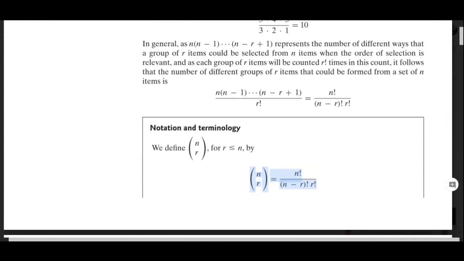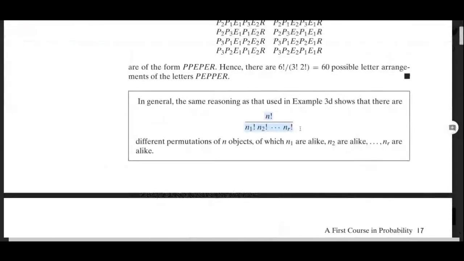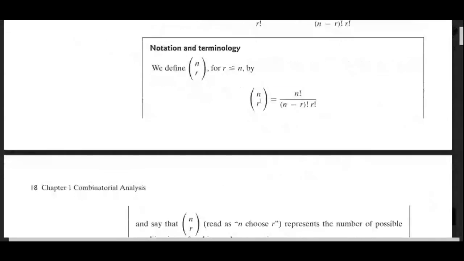But we could think of permutation as a formula too. We have n total members, and some members are repeated, maybe n1, n2, nr. So this would be the formula for permutation. And this is for combination: n factorial divided by n minus R factorial divided by R factorial.